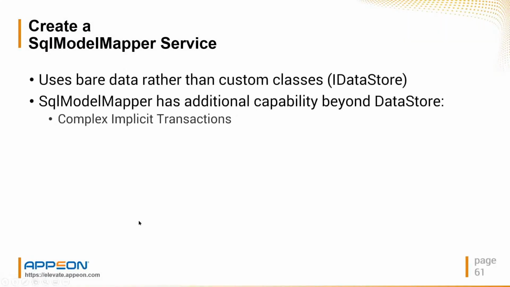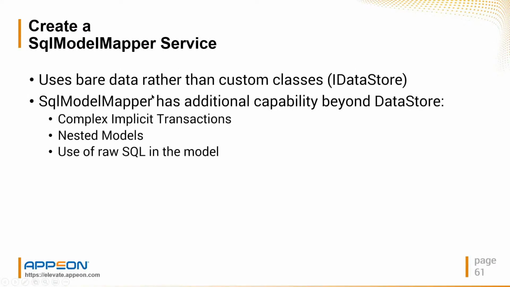So the way you create the service using the SQLModelMapper is, instead of passing iDataStore all the time, we're just going to pass the POCO object in and out of the service. It does have additional capability beyond the DataStore. I don't remember if I actually mentioned this earlier, but it can do complex implicit transactions.